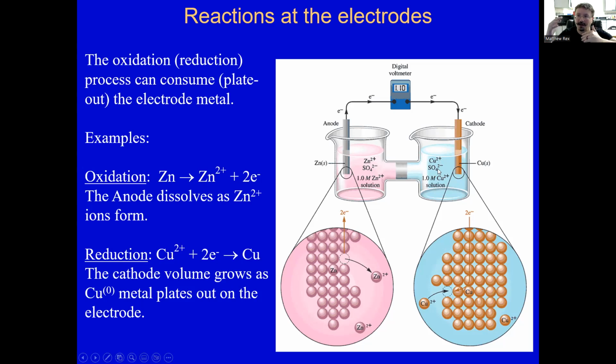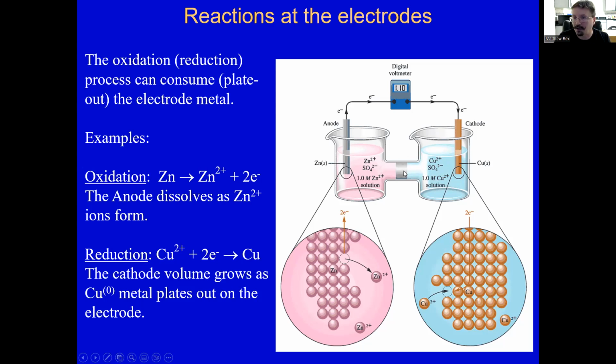And I can't get an unbalanced ratio. I can't have less cations than I'd have anions, or I'm going to start to get a charged solution and get electricity arcing within that solution. So we have to have something as we're adding positive ions here and taking away positive ions here. I have to have something that's going to add or remove positive or negative ions to keep that balance.